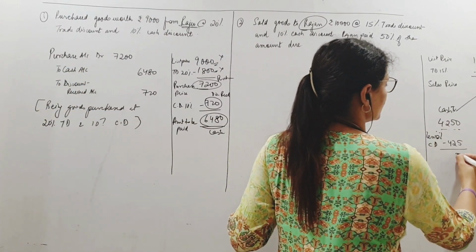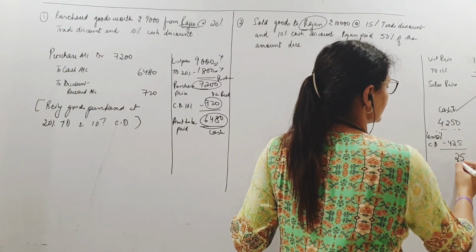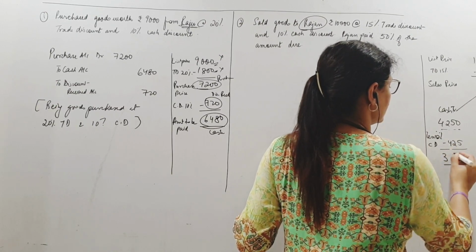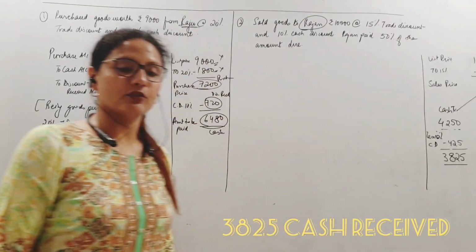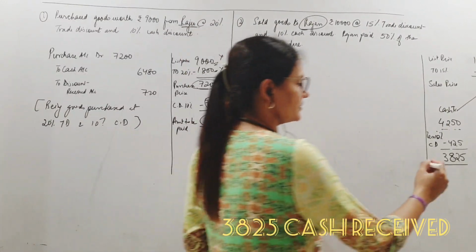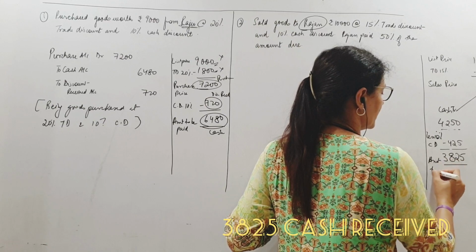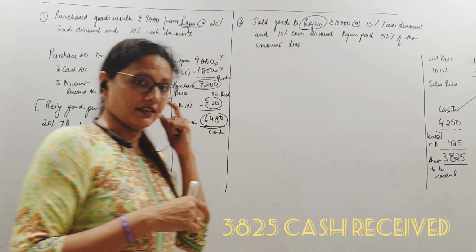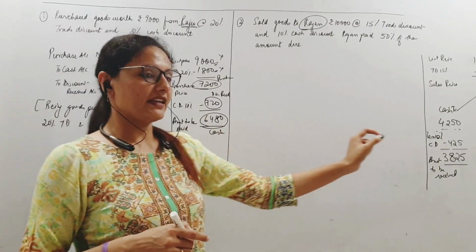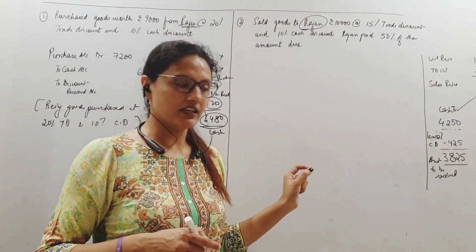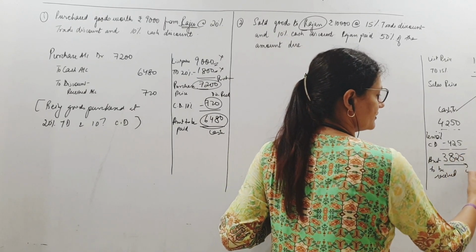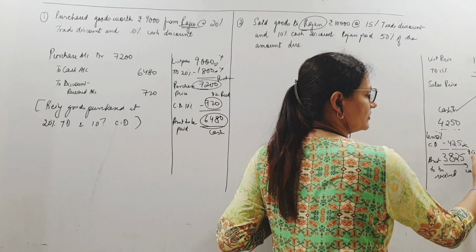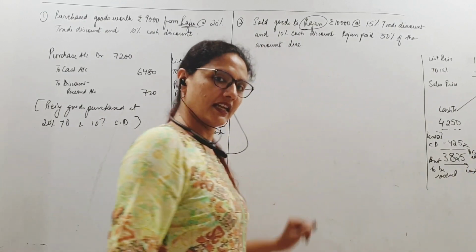So then how much will we receive? 3,825. Okay? So this 3,825 is the amount to be received. We are receiving, right? The customer is paying. I will receive 3,825 as payment. This relates to cash account. This is discount allowed. Correct?